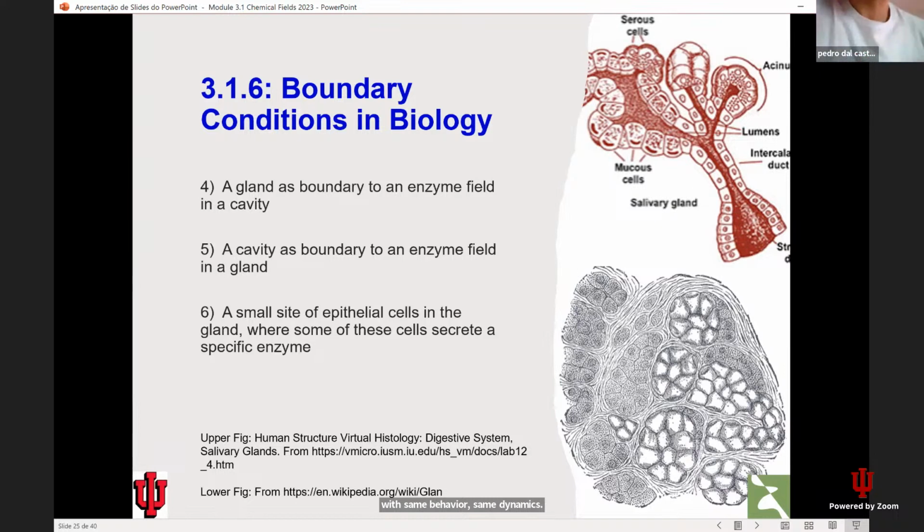For example, if I take this cup of water and I'm modeling the entire quantity of water inside this glass, I cannot model it as a periodic boundary condition. But let's say I am modeling a very small site of water inside this cup, neighbor to other sites of water. In this case, a better approximation is the periodic boundary condition.